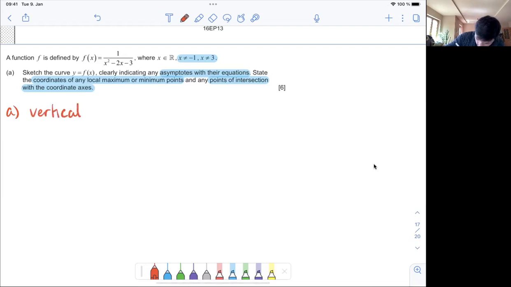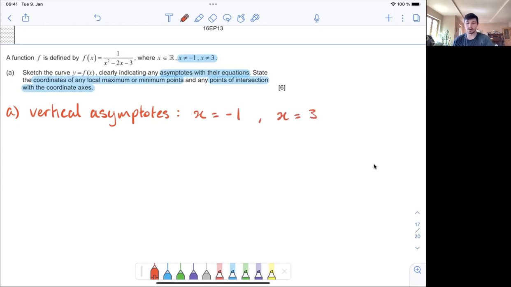Vertical asymptotes are going to be x is equal to -1 and x is equal to 3. All right, so that's a nice one there.